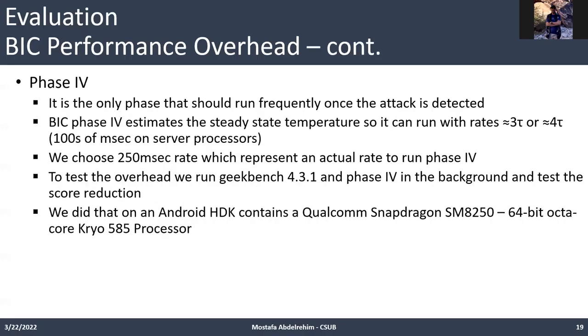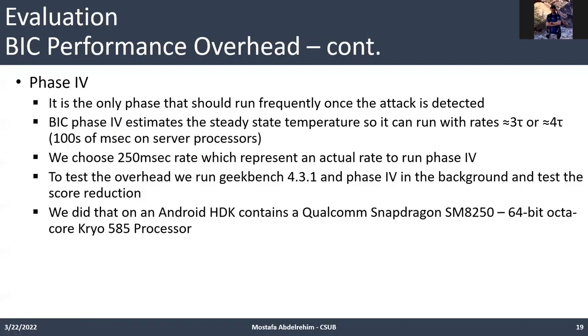So for that, we run phase 4 at a rate of 250 milliseconds, which is enough, because we are estimating the steady state temperature, and steady state temperature takes tens of milliseconds to be reached, actually seconds sometimes on a server processor, for example.